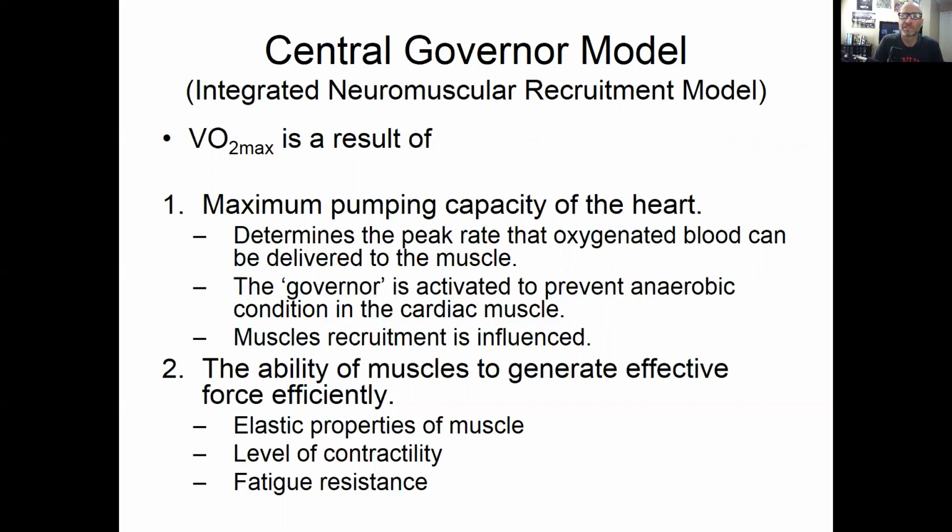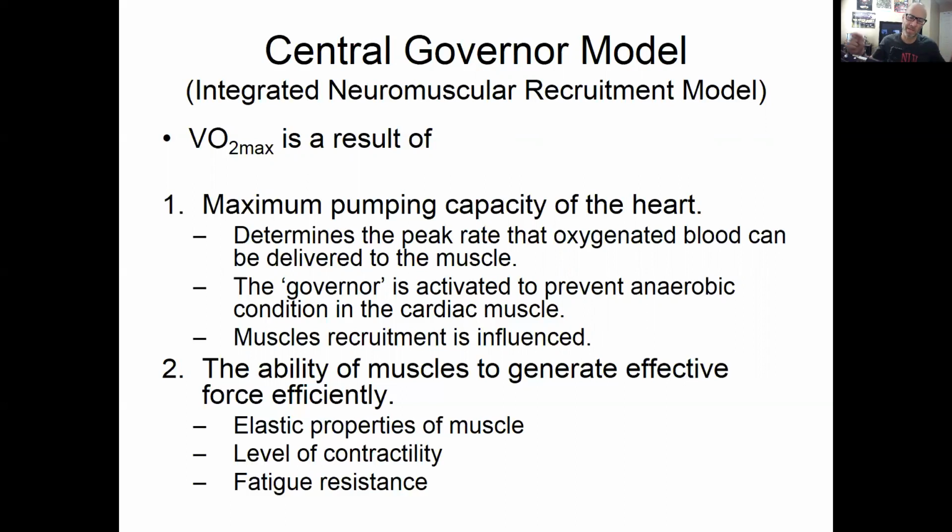The VO2 max is also a result of the ability of muscles to generate effective force efficiently. Okay, what's meant by this? Well, all of our muscles have elastic tissue. The elastic properties of each individual person's muscles may help explain VO2 max. Elastic energy does not cost VO2.